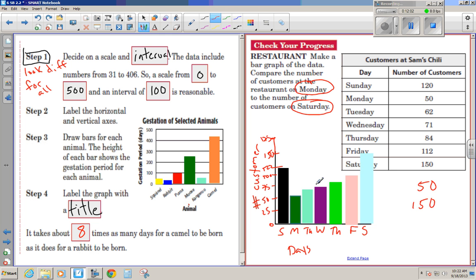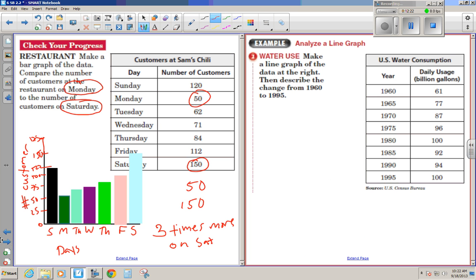So Monday is about 50. Saturday is about 150. So you could say that it's 3 times more on Saturday. That's how this one gets set up.